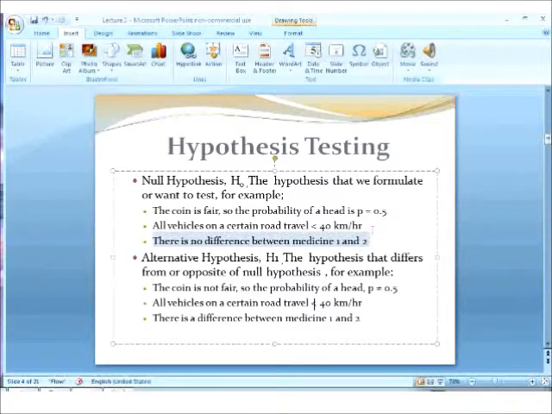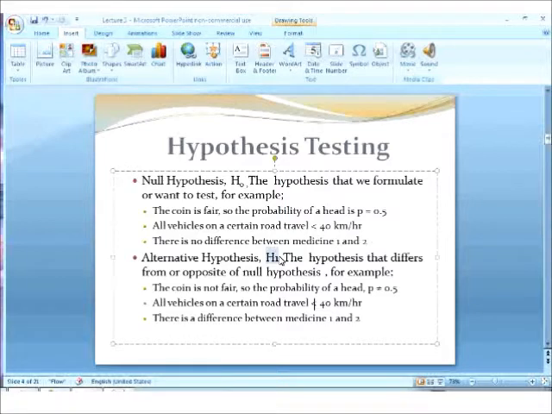Now, whenever we have a null hypothesis, a basic hypothesis, there is always a chance that this hypothesis could be rejected based on the results of our test. So we always have an alternative. We always have another, an opposite hypothesis to our null hypothesis, and that is called alternative hypothesis, and it's represented by H1.